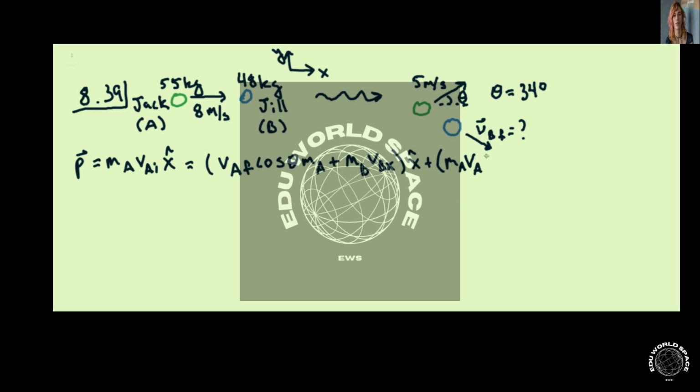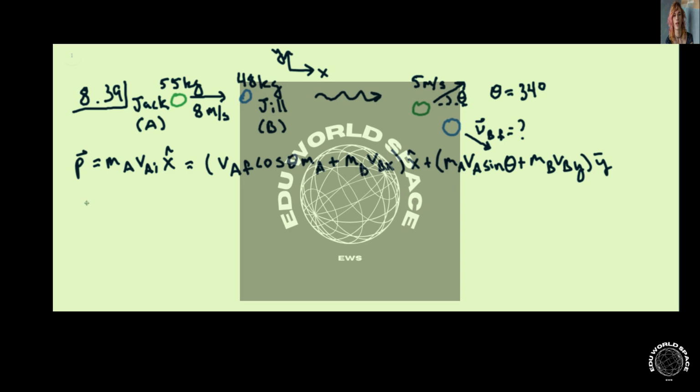So Jack's final momentum, his Y component, Y component should have the sine. And then the Y component of Jill's momentum for the Y direction.